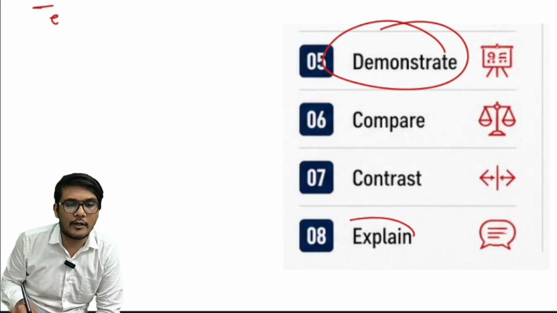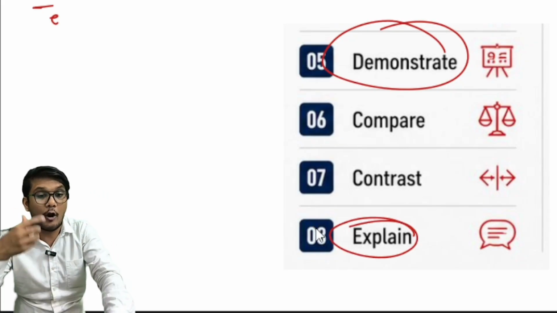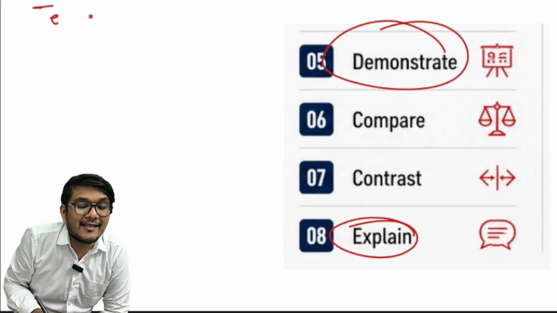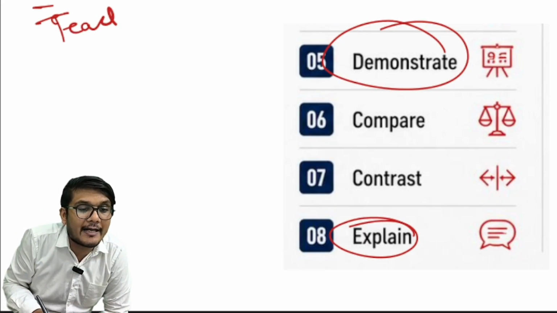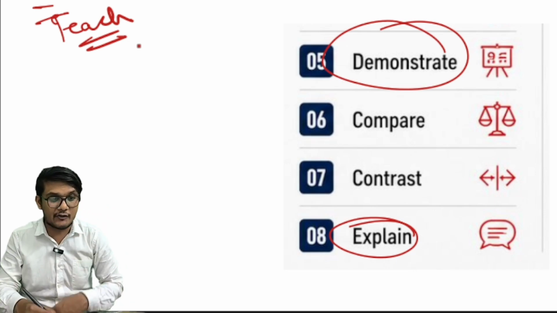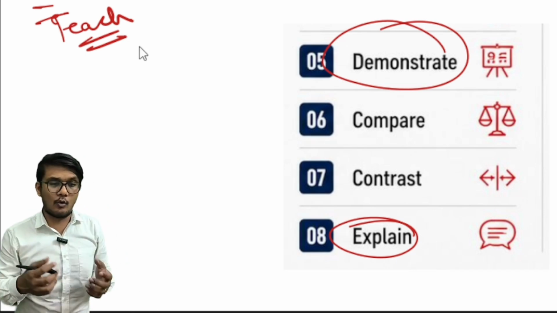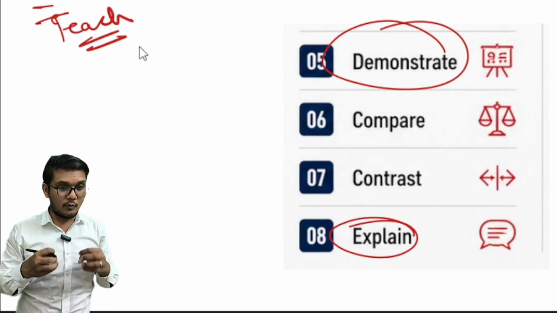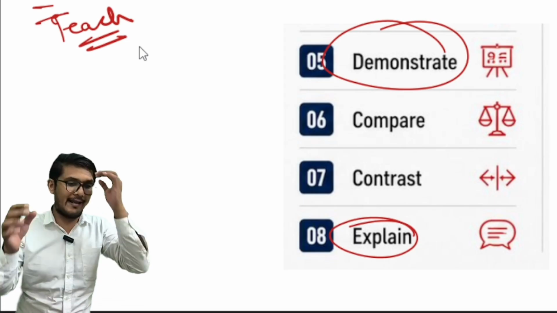Moving ahead, the next word is explain, which I have sort of already explained to you. In explain, you have to basically behave like a teacher or write like a teacher. How would a teacher explain to a student? You will first tell what that particular thing is, then you will elaborate on that in order to explain it more.